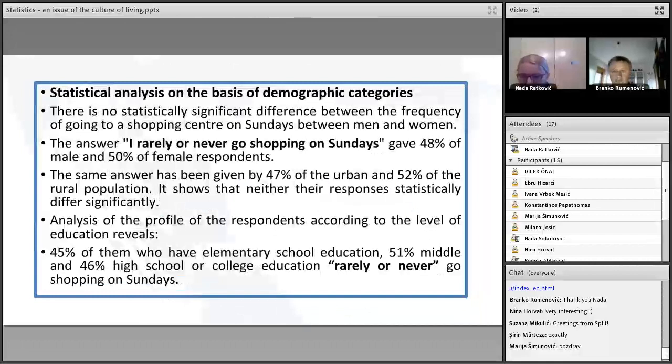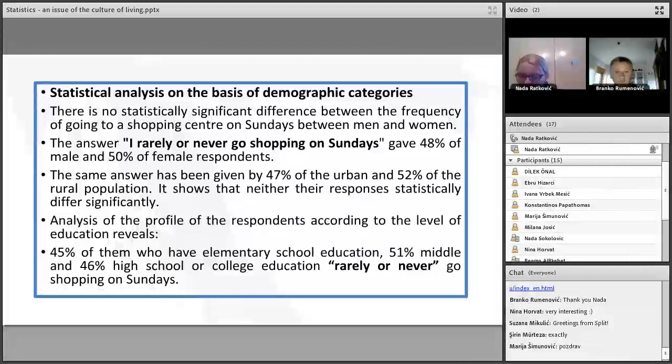Here I will give the results. The answer, I rarely or never go shopping on Sundays, was given by 48% of male and 50% of female respondents.